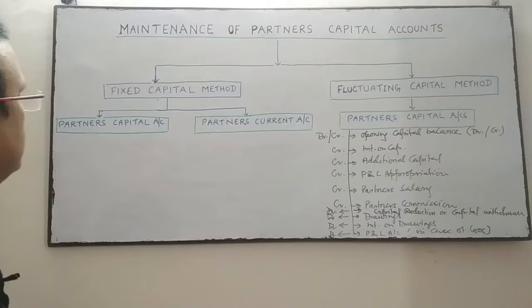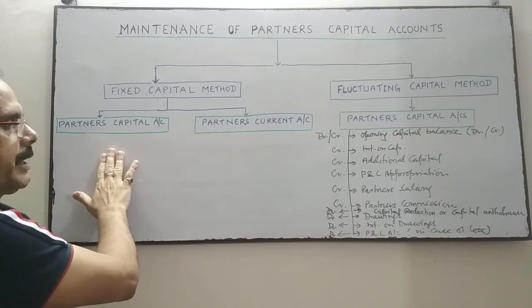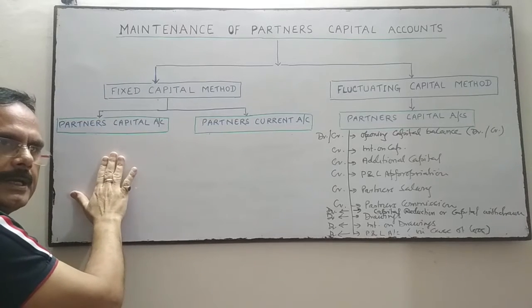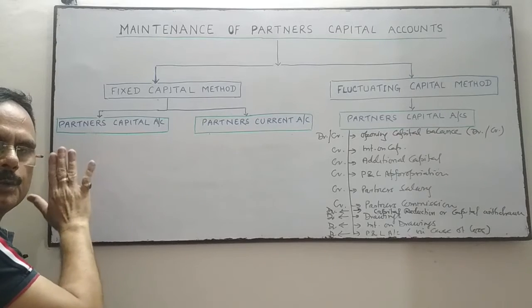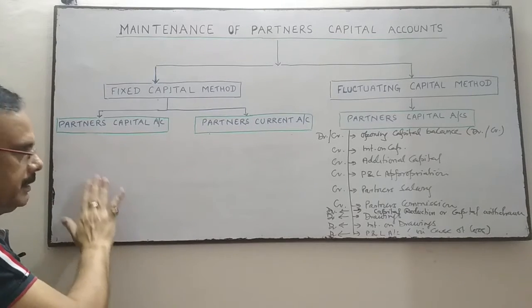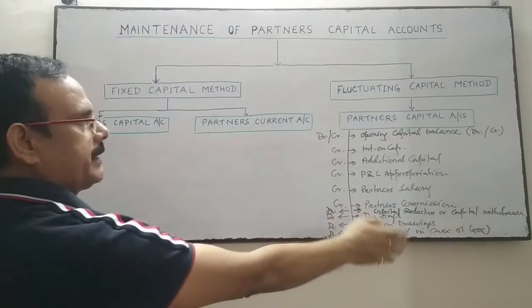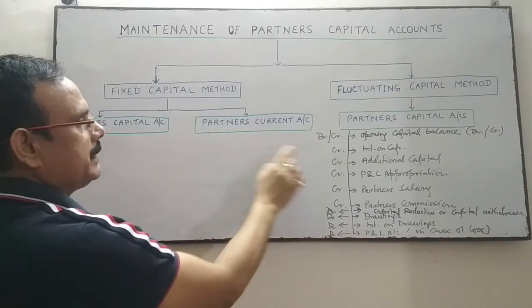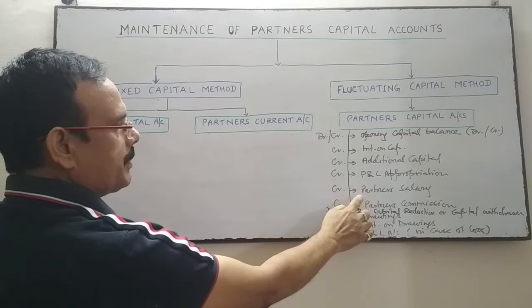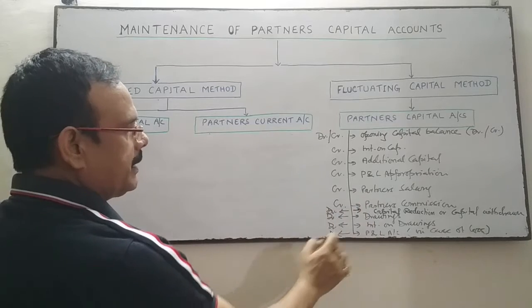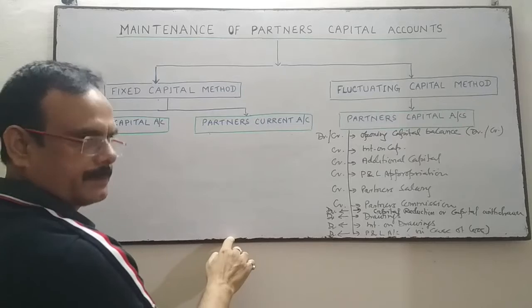So in partner's capital account, four items will be there: opening balance of capital, additional capital, capital withdrawn, and closing balance of capital. In partner's current account, these items, interest on capital, profit and loss appropriation, partner's salary, partner's commission, and drawing, interest on drawing will be reflected over here.